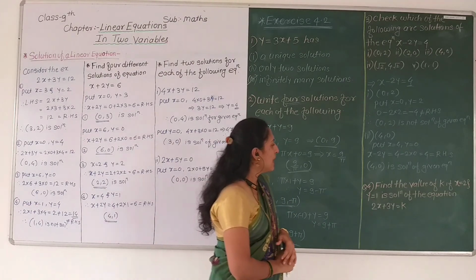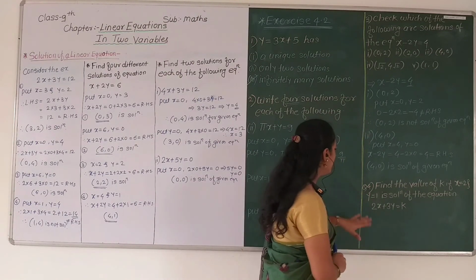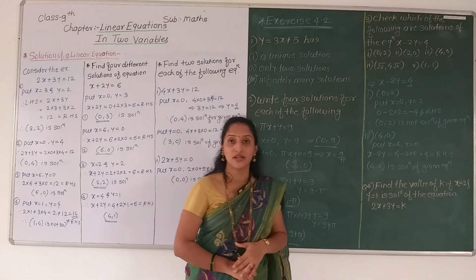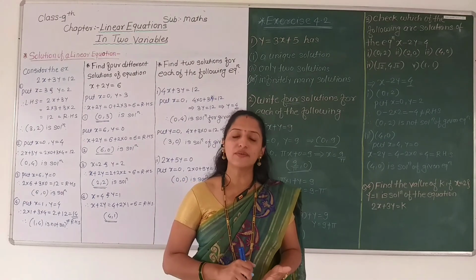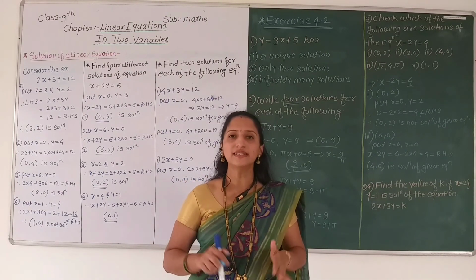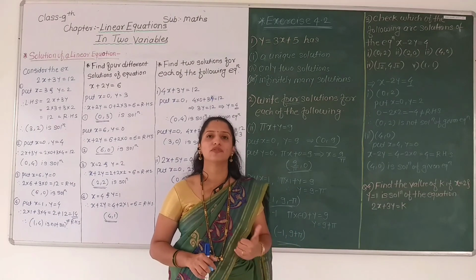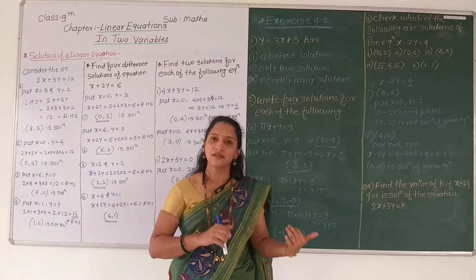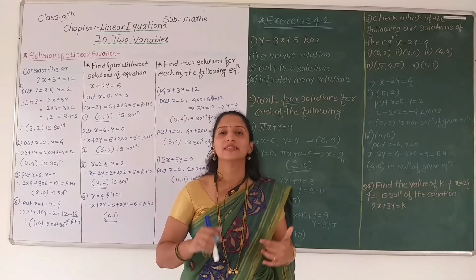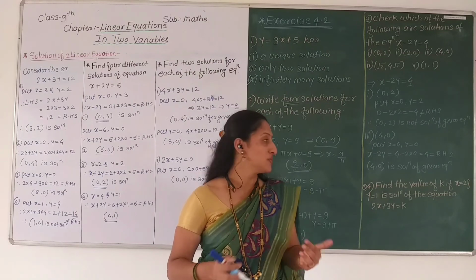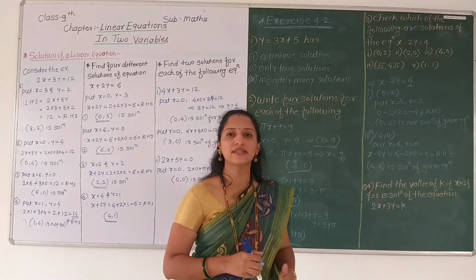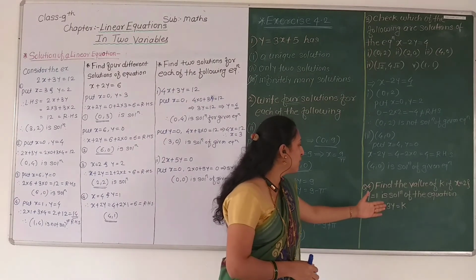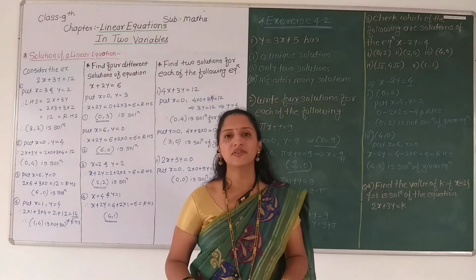Okay, now the last one is: find the value of k if x is equal to 2 and y is equal to 1 is a solution of the equation. Now x is equal to 2 and y is equal to 1 satisfies the given equation. So just substituting the values of x and y in the equation, we get the value of k.